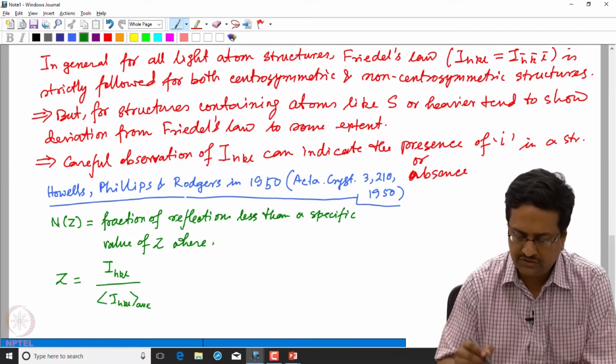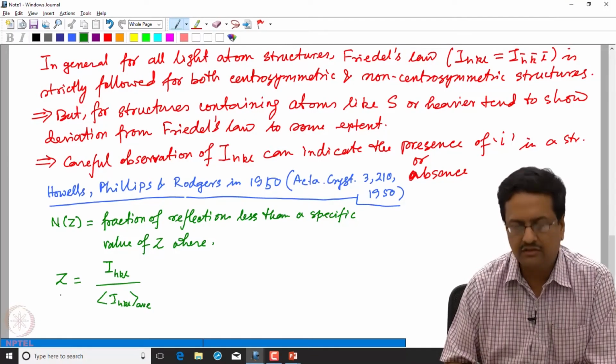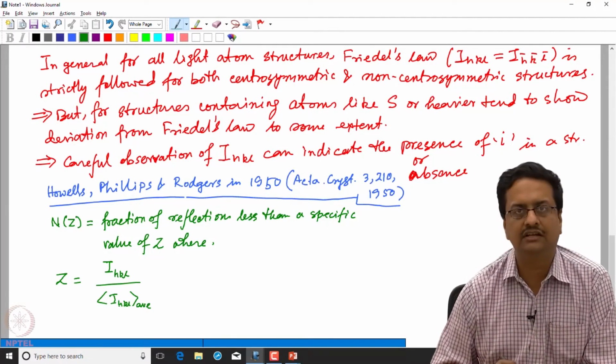So first we need to see the value of Z for each and every reflection.